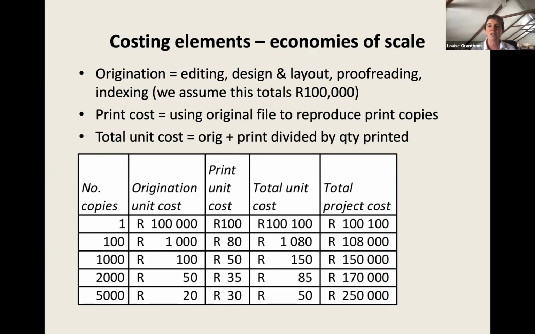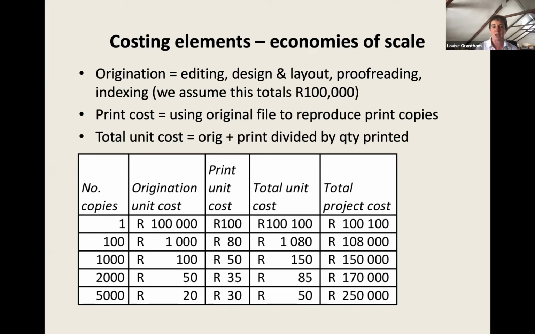But if we're talking the economies of scale that we get with printing, then if we decided we'd do 100 books, print 100 books of this, then our origination cost per book goes down to 1,000 Rand. So we are dividing the 100,000 Rand of the origination by the 100 copies that we're going to print.